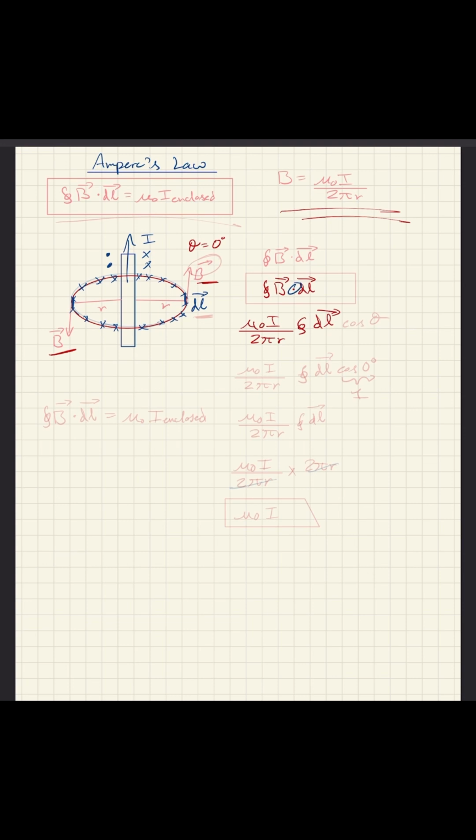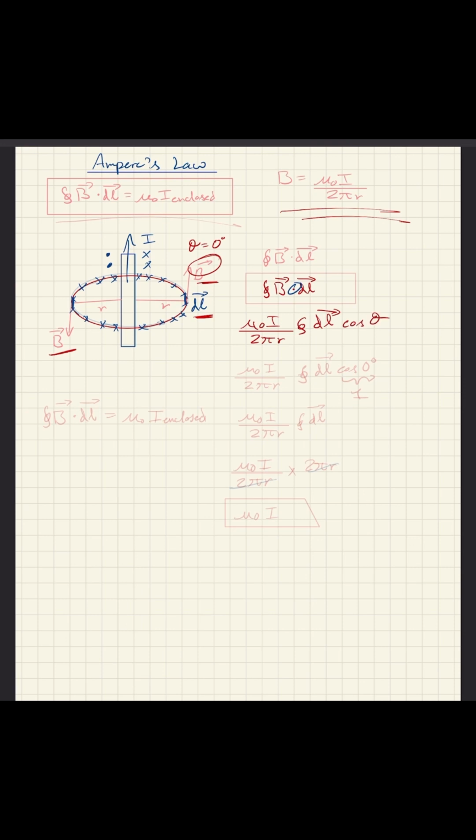The dot product, because both dl and B are both in the same direction, right? Our dot product is just cosine theta.